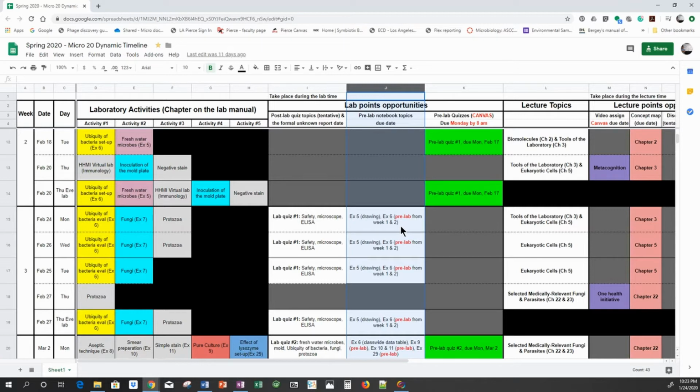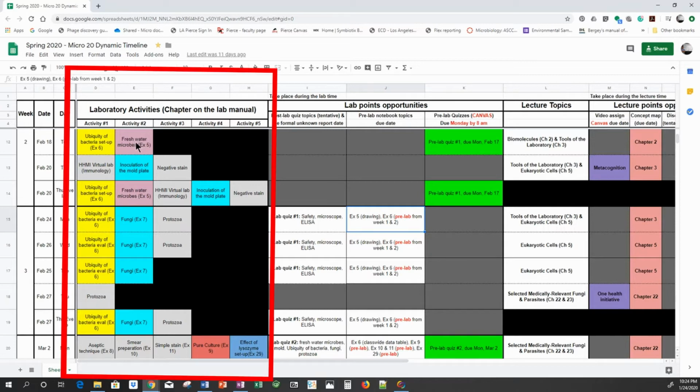So what do you need to include in the lab notebook check? Well, it depends on which week we are talking about. For example, for week 3, I will be checking for exercise 5, the drawing from exercise 5. So what is exercise 5? Well, you go back to your laboratory activity right here, and you can see exercise 5 is the freshwater microbes.